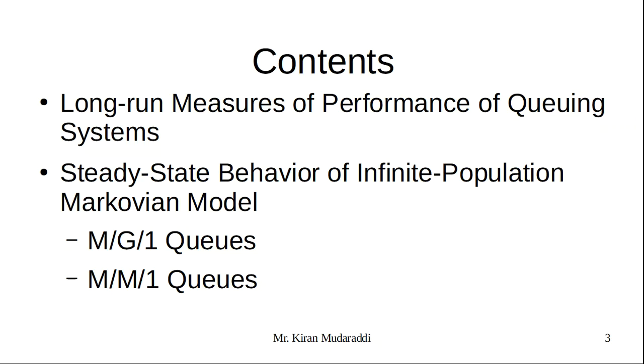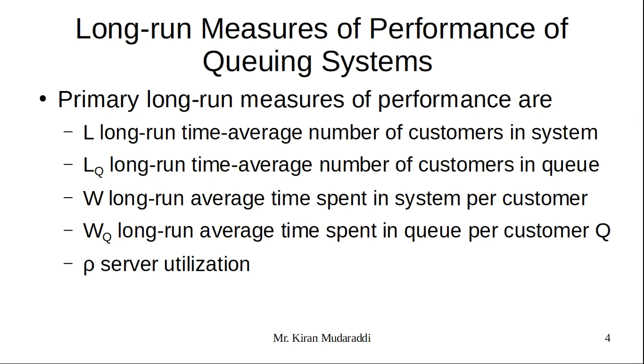Okay. Let us move ahead with the first topic, long run measures of performance of a queuing system. There are totally five important parameters to measure the performance of any queuing system.